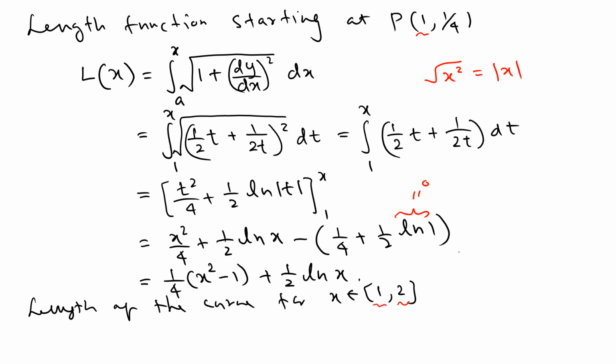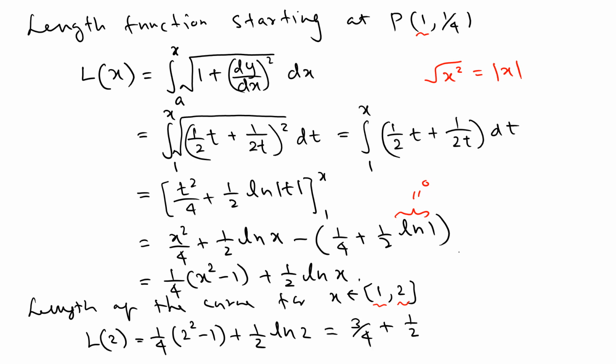That means you can evaluate at 2 now. So this is L2. Just plug in 2, so you get 1/4 times 2 squared minus 1 plus 1/2 ln 2, which is 3/4 plus 1/2 ln 2. So that is the arc length for the part where x changes from 1 to 2.